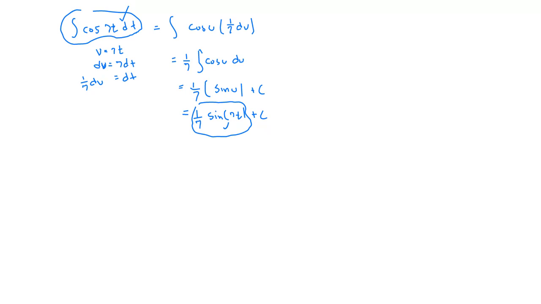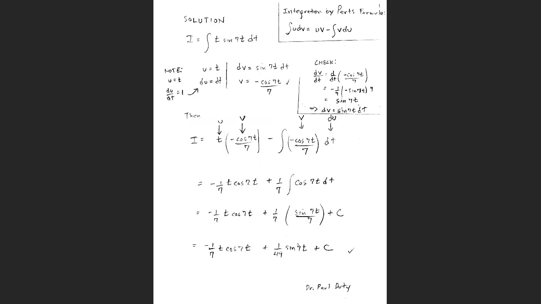So let me go back to the problem at hand. Okay, so here we are. And now we have our answer. We have our integral. That is the answer. That's your antiderivative.